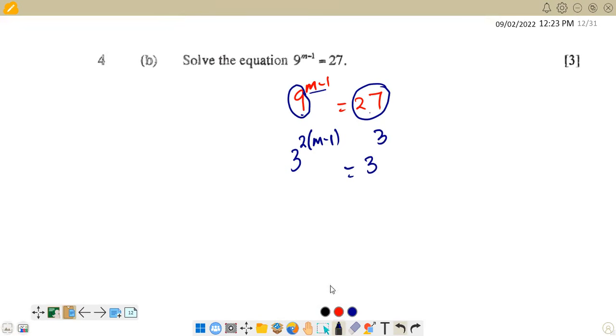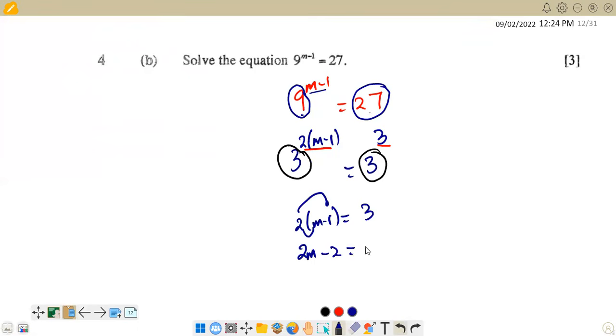We know that as long as these bases are the same, it means the exponents are equal. So we're going to equate the exponents, which is 2 into m minus 1 equal to 3. What have you formulated? A normal linear equation where you can solve for m. You can expand brackets: 2 times m is 2m, 2 times minus 1 is negative 2, is equal to 3.